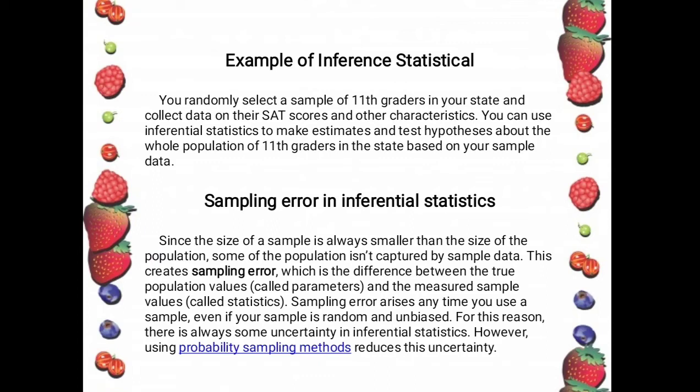Sampling error arises anytime you use a sample, even if your sample is random and unbiased. For this reason, there is always some uncertainty in inferential statistics. However, using probability sampling methods reduces this uncertainty.